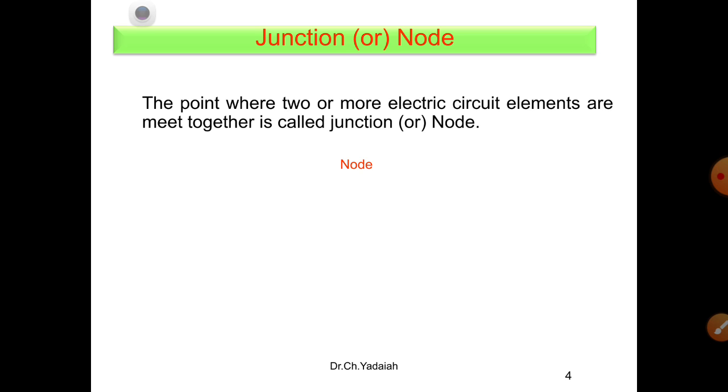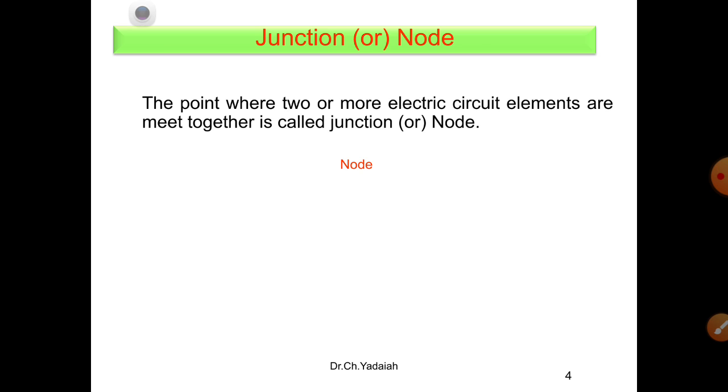What are the passive elements? As we know, passive elements are resistance, inductance and capacitance. That means resistors, inductors and capacitors are passive elements generally used in our electrical engineering systems. These are the three dominating elements used in our electrical networks.